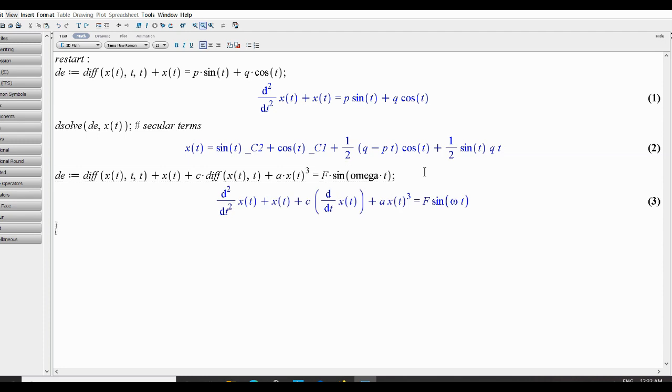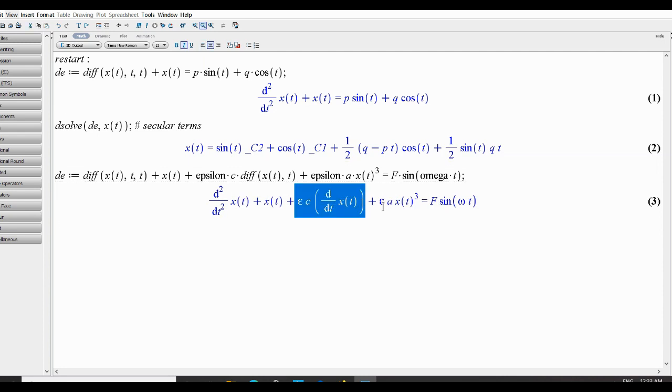Okay, so this is the damped forced Duffing oscillator. Now I want to study this using a perturbation method, and the way I will do it is I will think of it as lightly damped, I'll think of it as weakly nonlinear. Okay, so just to remind myself that there are these small things here, I will assume that the damping is epsilon times c. Epsilon is a small quantity, c is order 1. When I do this, so now this is a small term.